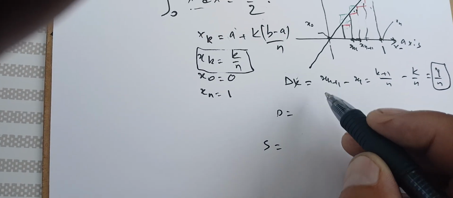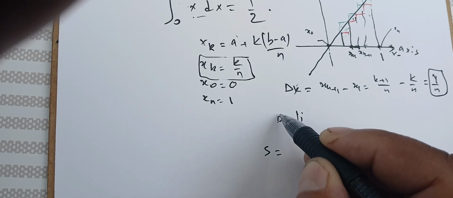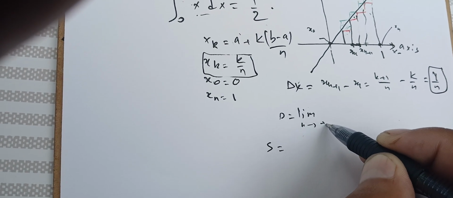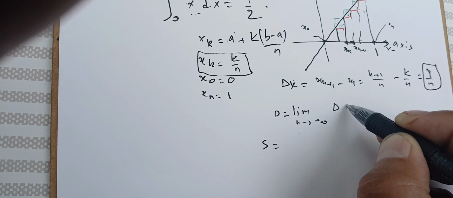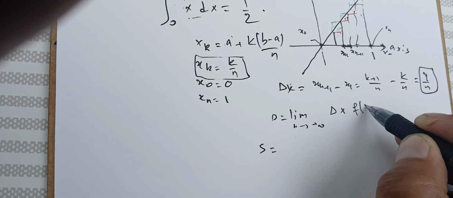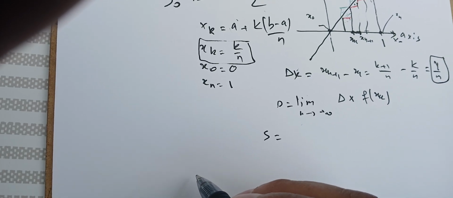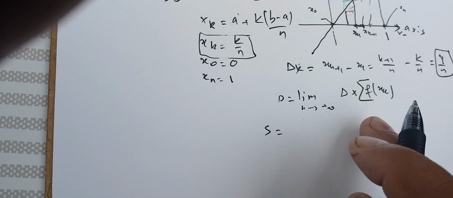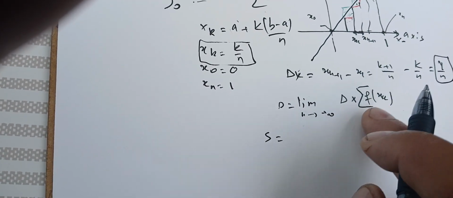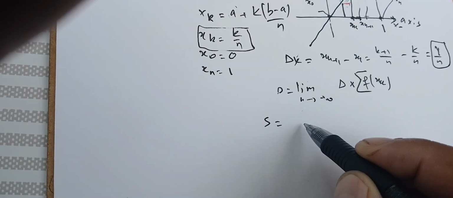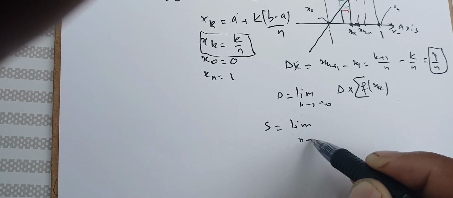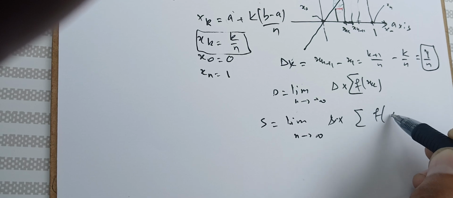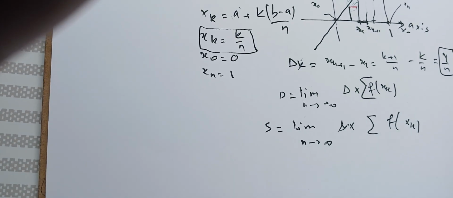Here we know that this is just the limit as n goes to infinity of delta x times f of x sub k. But we need to sum up, because this is just for one rectangle. Here we use the same thing, the limit as n goes to infinity of delta x times the sum of f of x sub k.